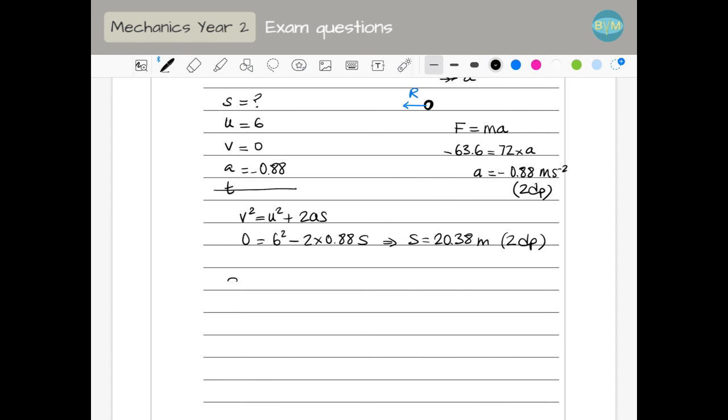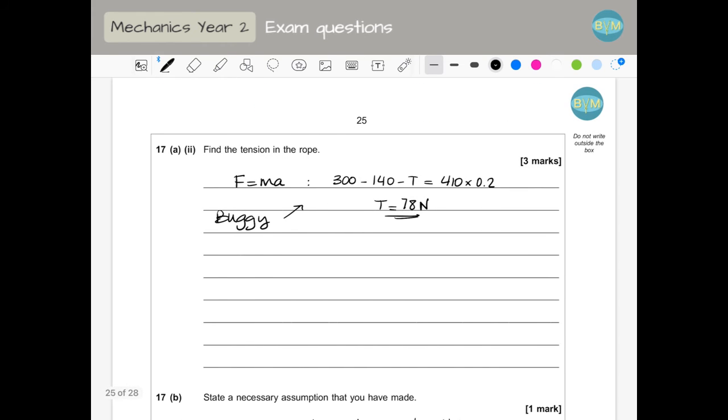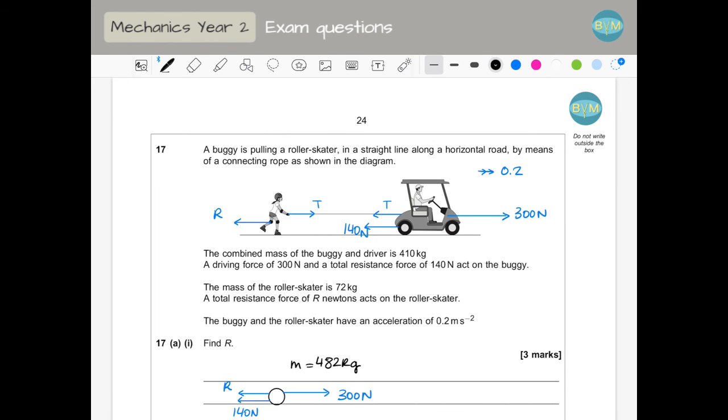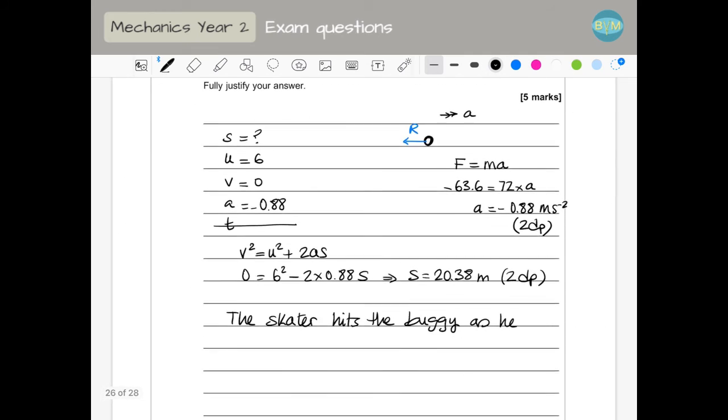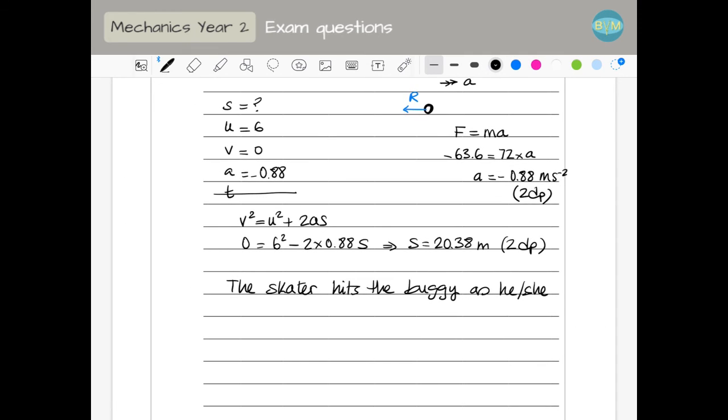So the skater hits the buggy as he or she needs, I don't know if it says it's a girl or a boy, it doesn't matter, he or she needs 20.38 meters to stop completely, and the buggy only 20 meters.